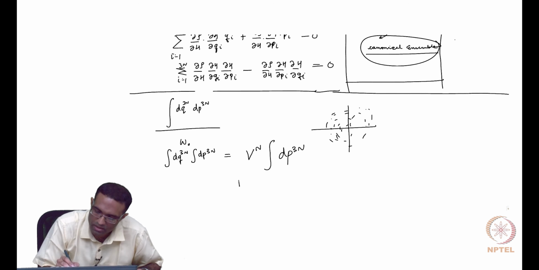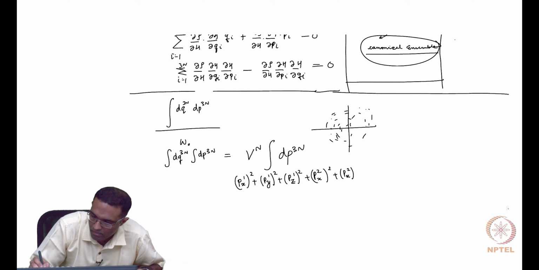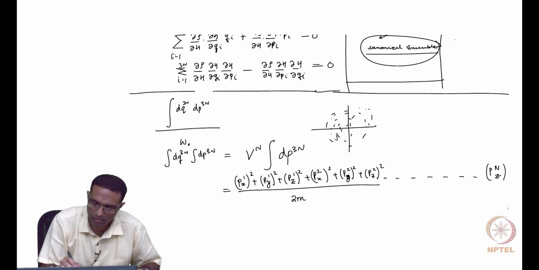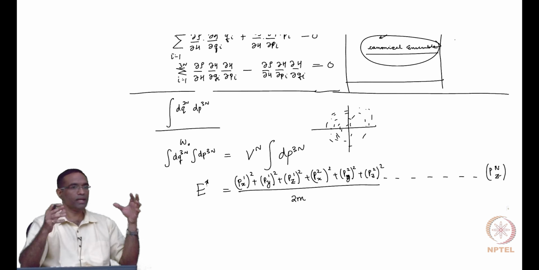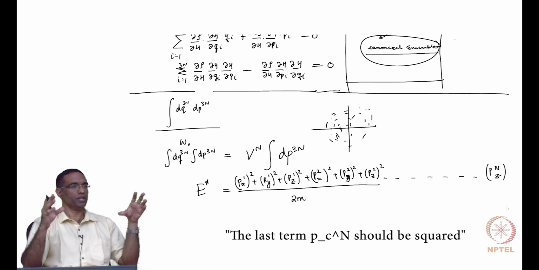However, the p's are supposed to be such that this must be equal to E star, because you are talking about an ideal gas in a confined volume and at a specific energy.